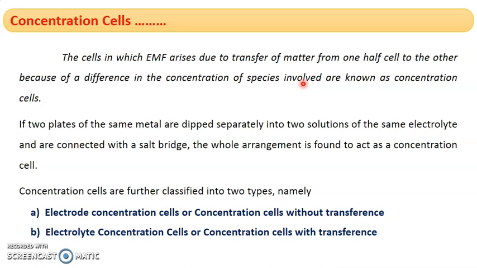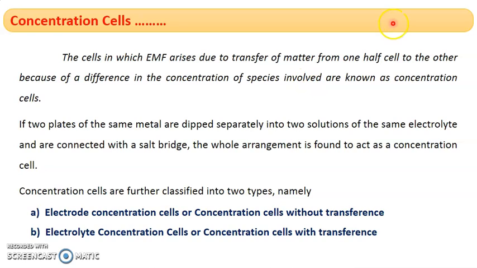I mean, either electrode concentration is different or electrolyte concentration is different. Their composition is the same, but concentration is different. So this is about the construction of concentration cells. Here matter will be transferred from one half cell to another half cell.